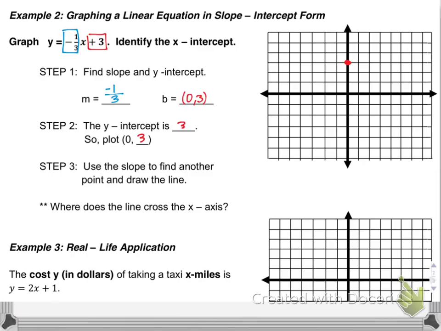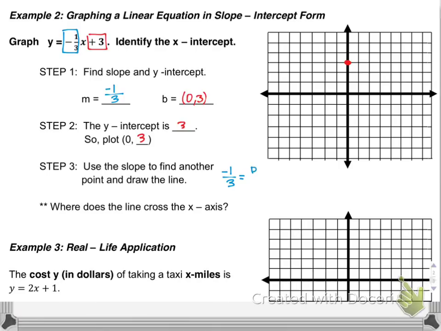Now step 3 says use the slope, -1/3, to find another point and draw the line. Now think about what slope is. Slope is direction. So -1 in the numerator, 3 in the denominator. We've got to remember, -1, is that up or down 1?